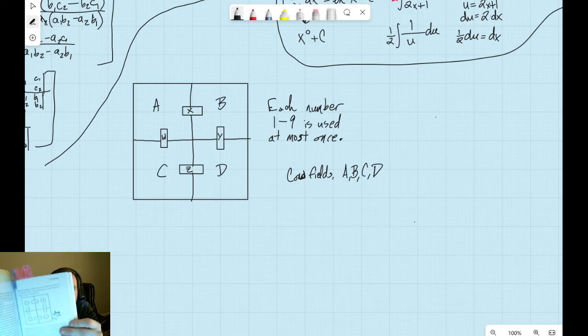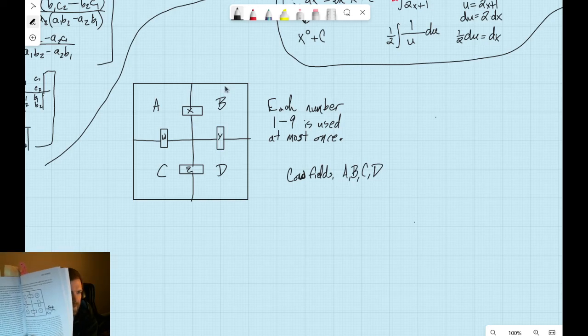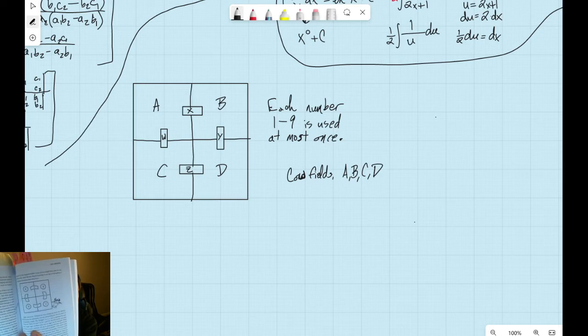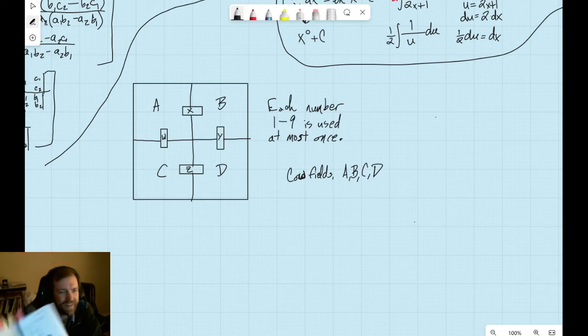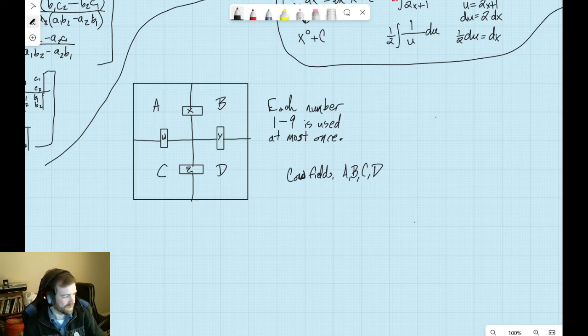Doing this on like a 10-second delay, it's fine. Yep, well, like I said, each number 1 through 9 is used at most once.